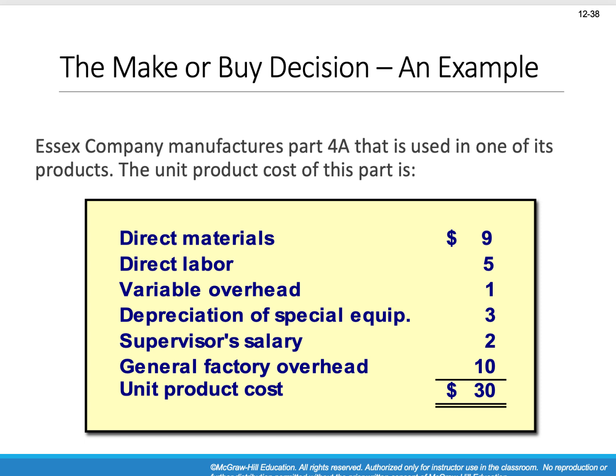So we have in front of us here the unit product costs for part 4A. We have $9 of direct material, $5 direct labor, variable overhead of $1, special equipment depreciation of $3. We have the supervisor salary, and we have general overhead. So it costs us $30 to make part 4A.